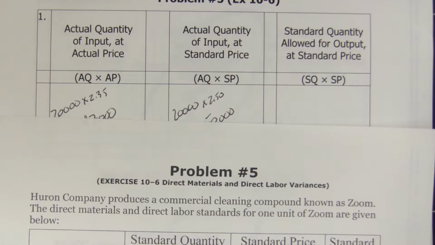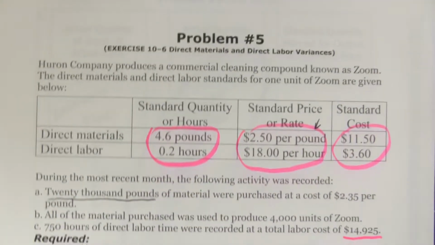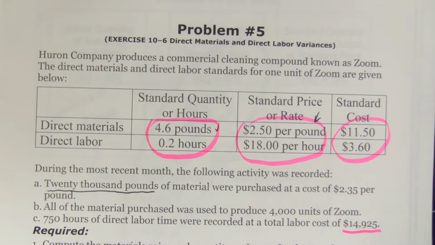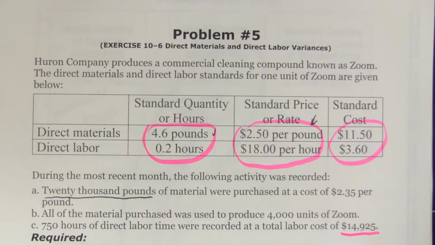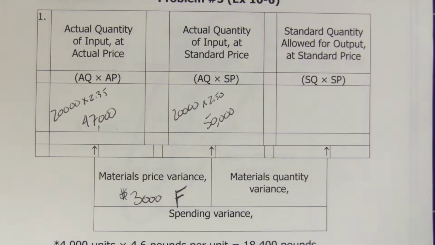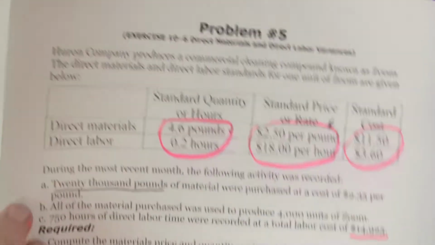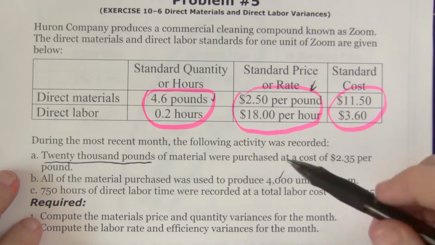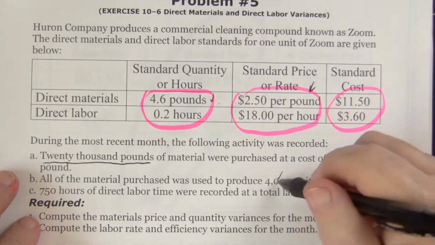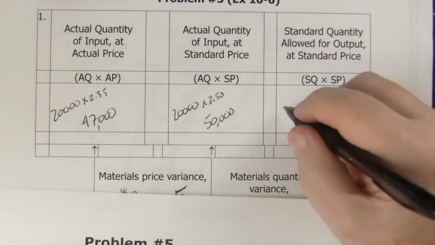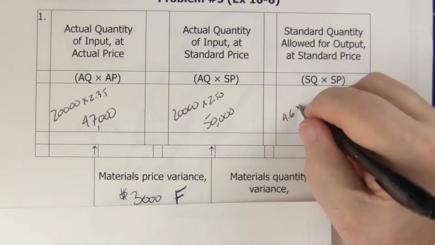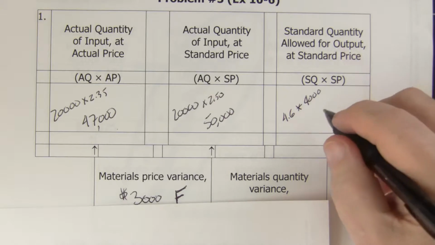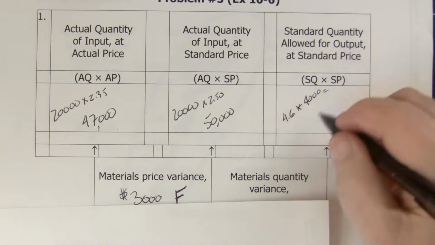Now the standard quantity they give us is 4.6 pounds. So we should have used 4.6 pounds, and we made 4,000 units. They told us that. So 4.6 pounds times 4,000 units, 4.6 times 4,000, is 18,400 pounds.